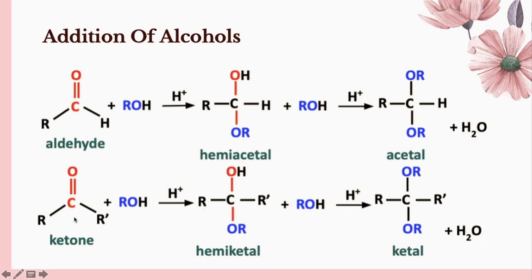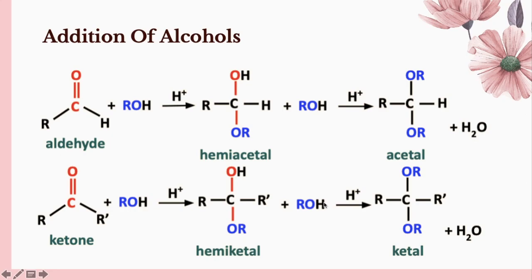Same goes for ketone. For ketone, the addition of alcohol initially in the presence of H+ will produce hemiketal. Only one OR group is attached to the carbonyl carbon, which had C=O, and then this O converts to become OH.